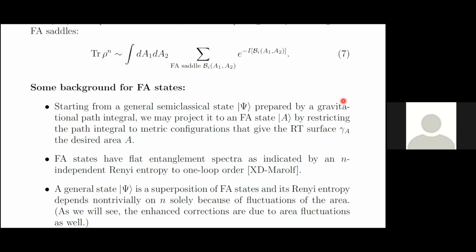Here you're integrating over space-times where gamma A is extremal in all of these space-times. Is that the idea? We're integrating over space-times in which it is extremal in all directions. In both directions, in fact, because it's co-dimension two.